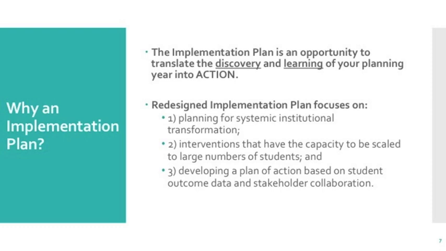Planning for systemic institutional transformation, in addition to specific student success interventions, identifying improvement interventions that have the capacity to be scaled to a large number of students, and developing a plan that is guided and informed by student outcome data and stakeholder collaboration. And that will also include an ongoing evaluation of progress.